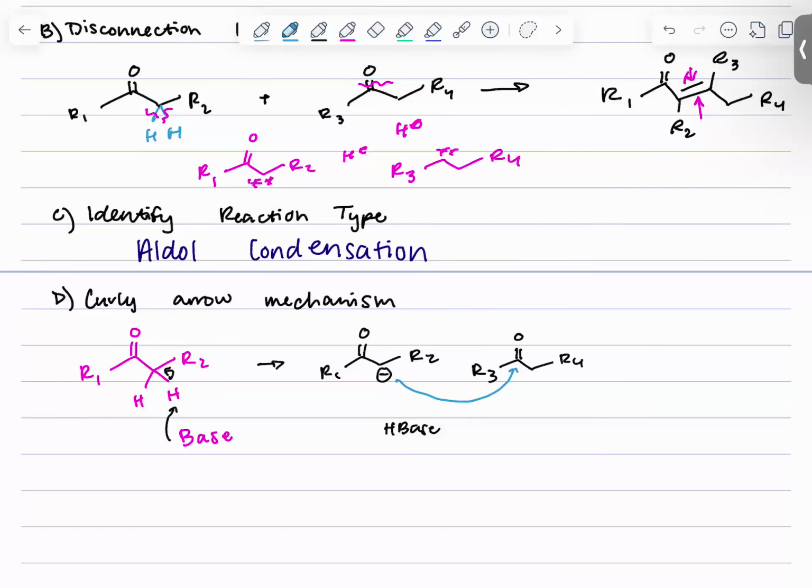It is going to attack our acyl center and push electrons up onto the oxygen. Oh, I forgot the O. There should be 2 H's and 1 O.